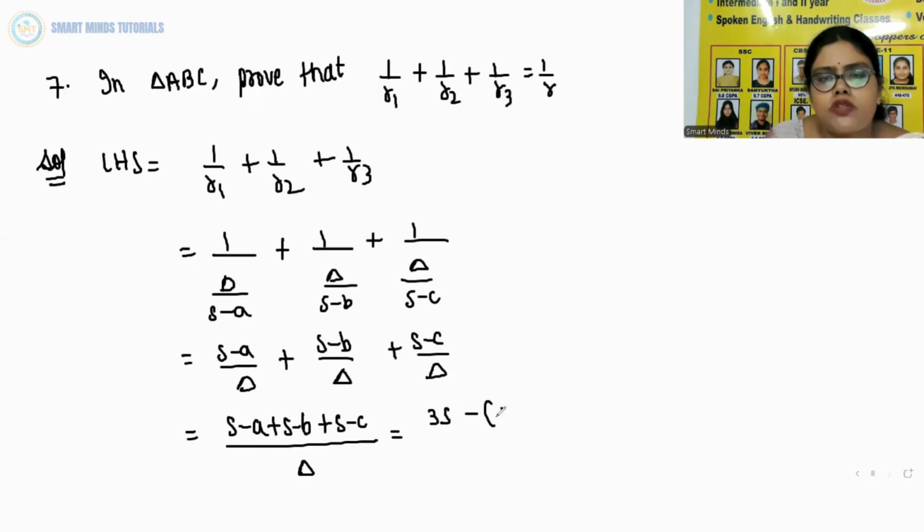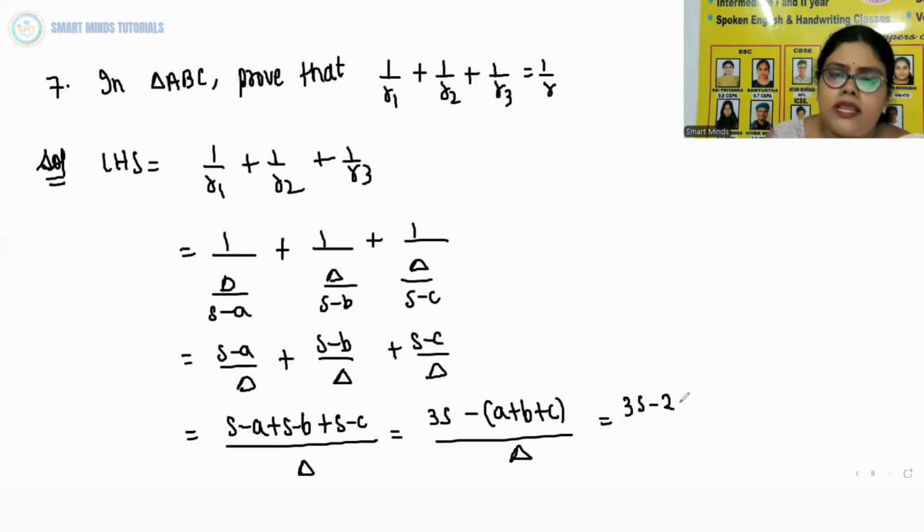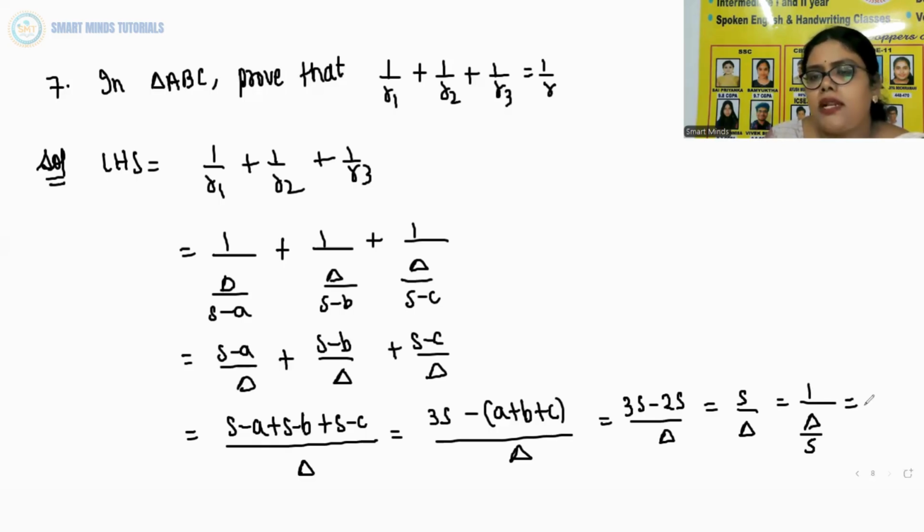If I take minus common, we get a plus b plus c by delta. But we know that a plus b plus c is 2s. So this is 3s minus 2s by delta, which is equal to s by delta. Now we can write this as 1 by delta by s, that is 1 by r, which is equal to RHS.